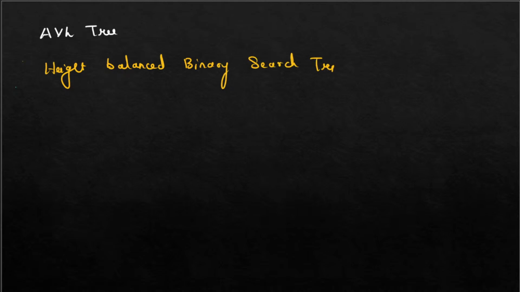So what is an AVL tree? It is a height balanced binary search tree. And one key point here is that the height difference between the left and right subtrees will always be -1, 0, or 1. So only these differences are acceptable.